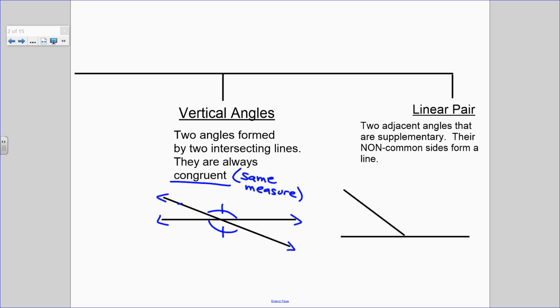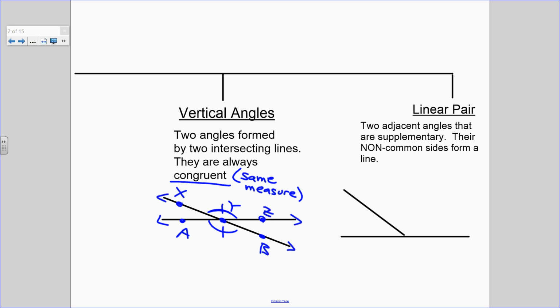So let's go ahead and name these angles here. Let's name this X. Let's name the vertex Y and Z. And this one will be A, Y, and this would be B. So angle XYZ and angle AYB will be the same measure when two lines intersect.